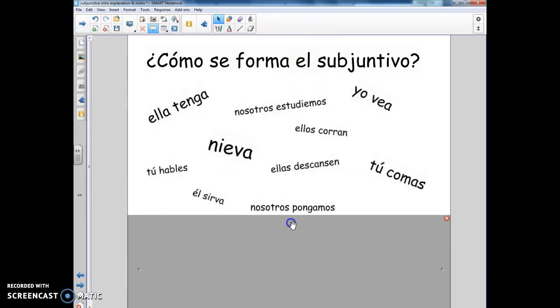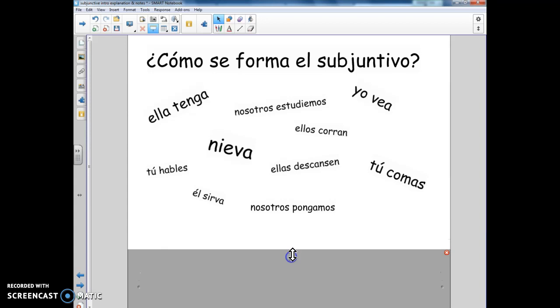Here are just some examples of verbs that have been conjugated to the subjunctive already. So I just want you to take a look at these verbs. You could even pause the video for a second and try to figure out if you see any commonalities or how these verbs might be formed.